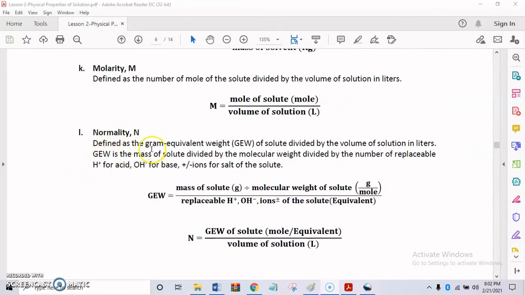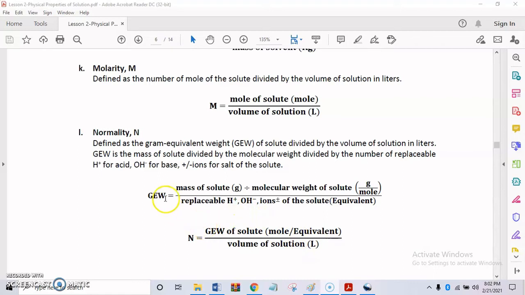In normality, let me explain the formula for the normality, which is the gram equivalent weight of solute. It is in terms of mole per equivalent. So this is the unit of the gram equivalent weight of solute over volume of solution, which is in liter. Okay?